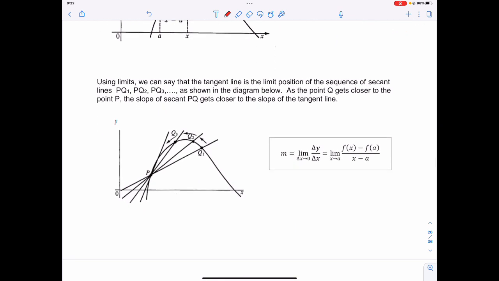If we're using limits, we can say that the tangent line is the limit position of the sequence of secant lines, where I have Q1, Q2, Q3, Q4, Q5, Q6, until we get towards the actual point P. The slope of the secant PQ gets closer and closer to the slope of the tangent line. Now, it's important to note that this formula is not on the formula sheet.